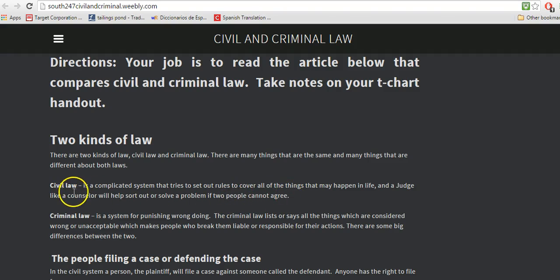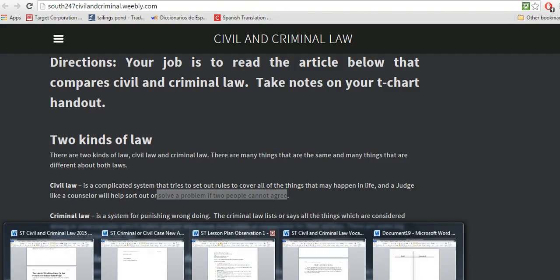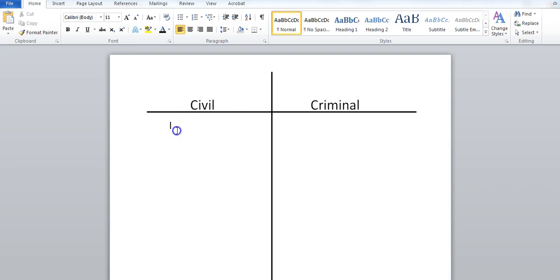Okay. So if we look at this first paragraph, it says it's a complicated system, and it looks like it's a problem, so it solves a problem if two people cannot agree. Okay. So let's go to our T-chart and put that in for civil law.